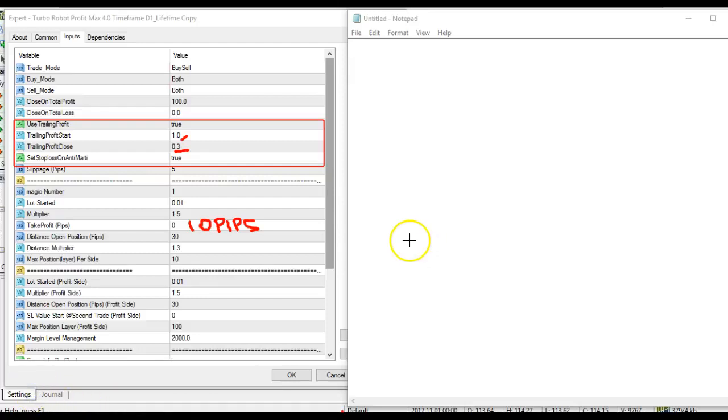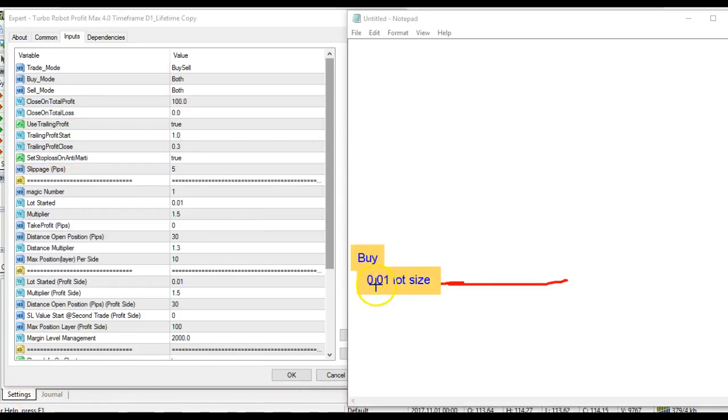So now we decide that we use trailing profit. All right, this is the trailing profit here. Okay, let's say this is the starting point where the robot enters at this level. Let's say you are on a buy trade.